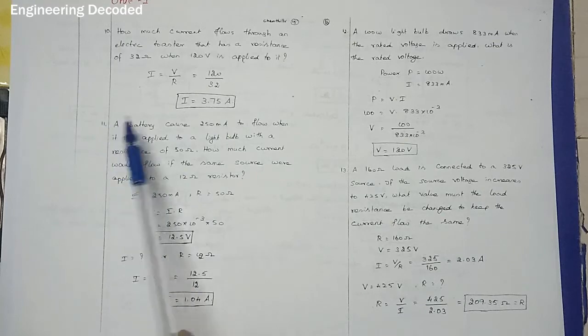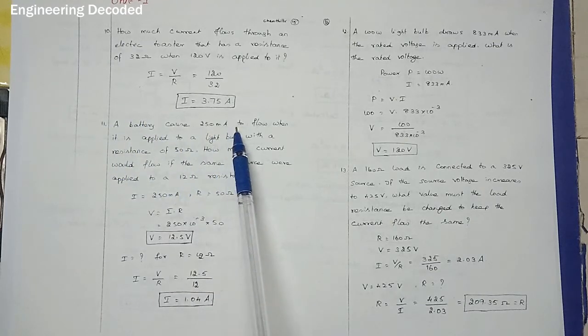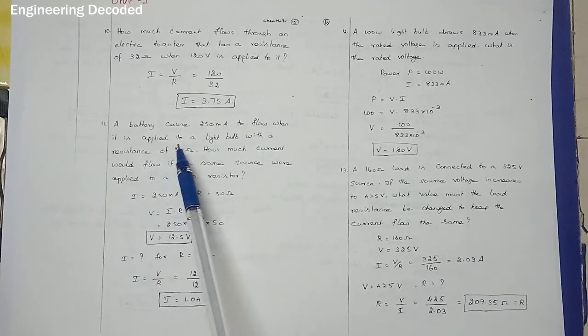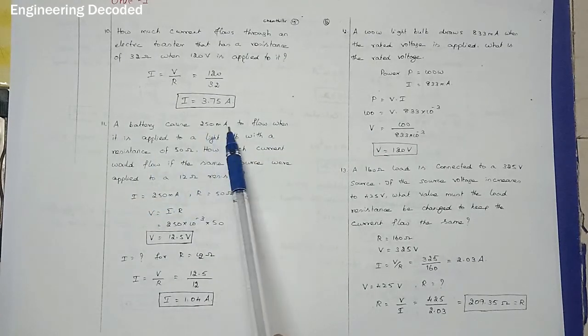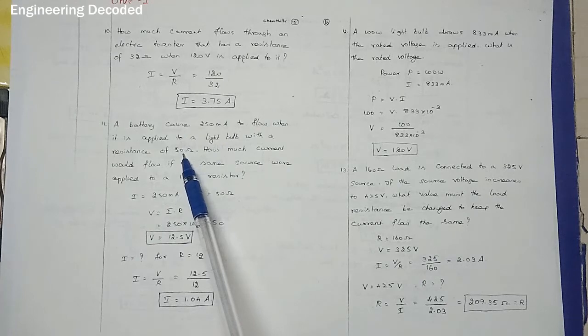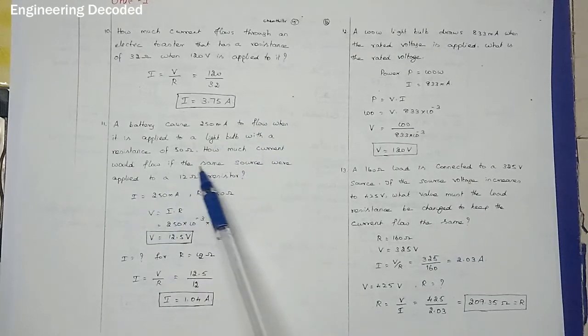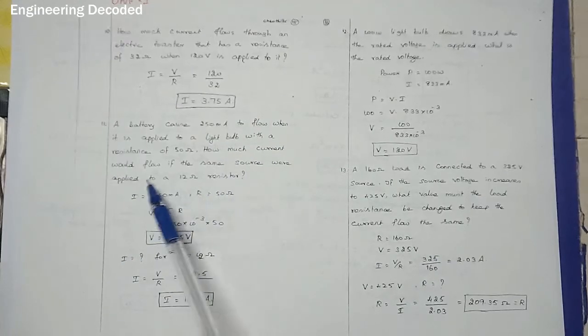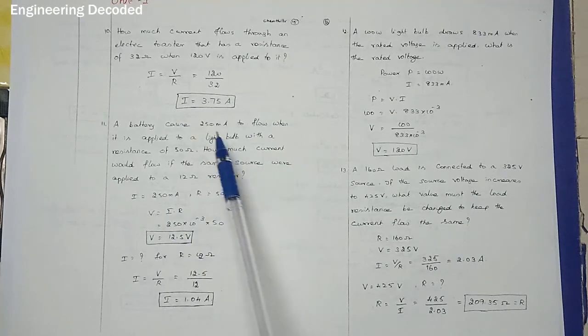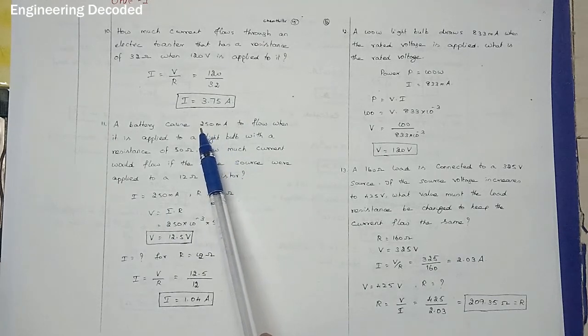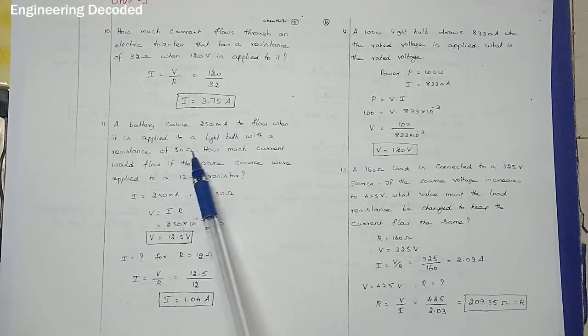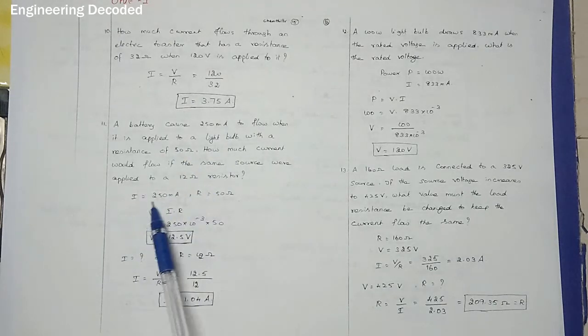See this. A battery causes 250 milliamps to flow when it is applied to a light bulb with a resistance of 50 ohm. So current value is given, resistance value is given. How much current would flow if the same source were applied to a 12 ohm resistor? So first, using the current and resistance values, find out the voltage.